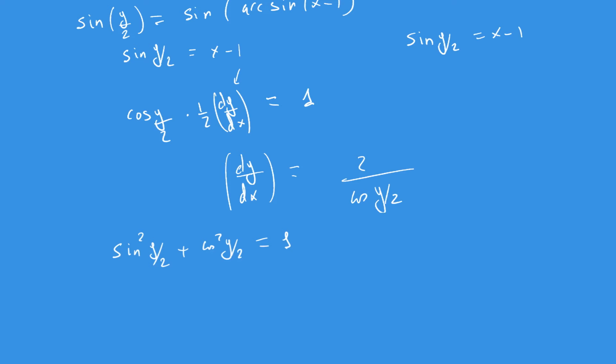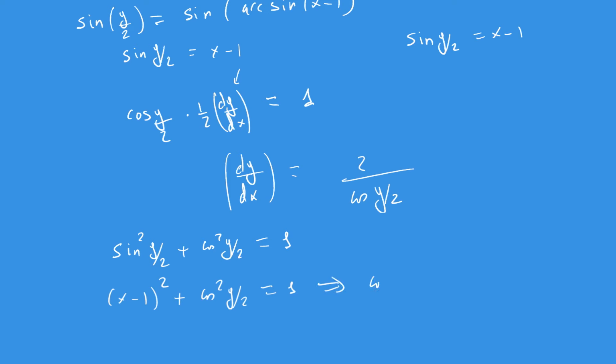Because sine of the angle y divided by 2 is x minus 1, here will appear x minus 1 squared plus cosine squared of y divided by 2 equals 1.